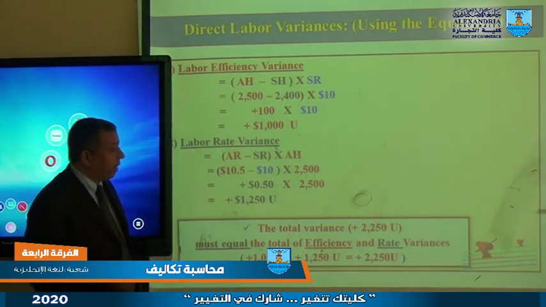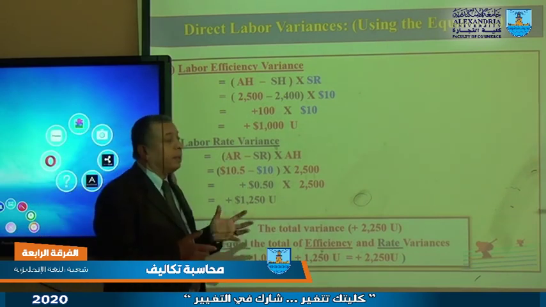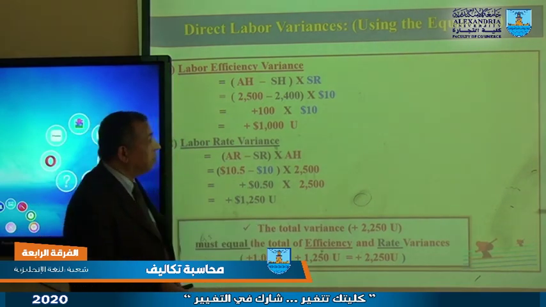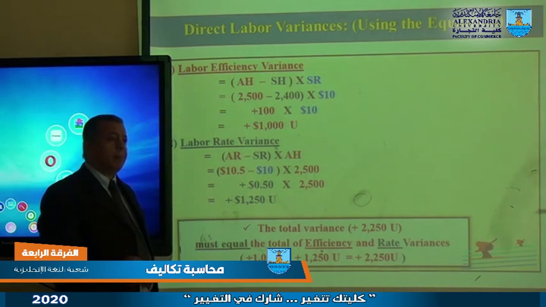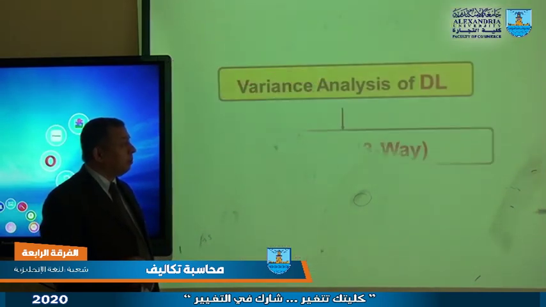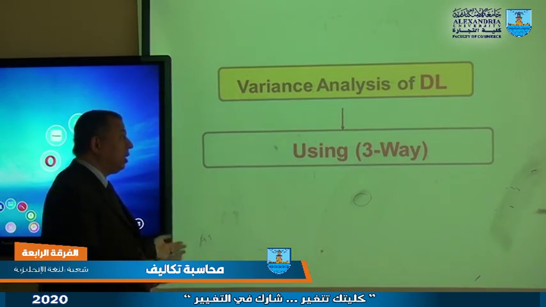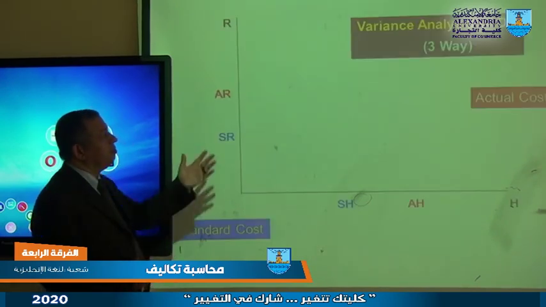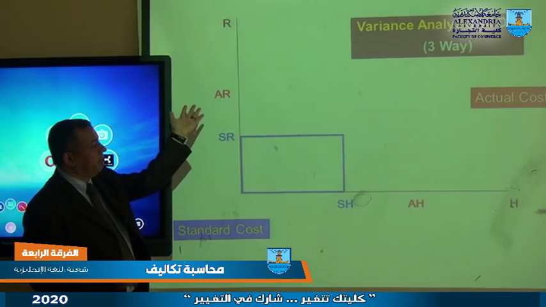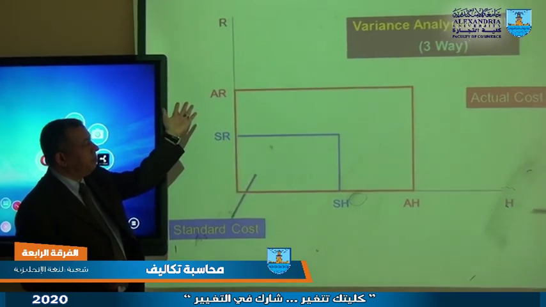Okay? Again, this is my equation if I speak about two-way. What about three-way? What is the difference between two and three-way? Don't forget, the same.